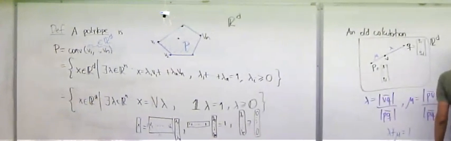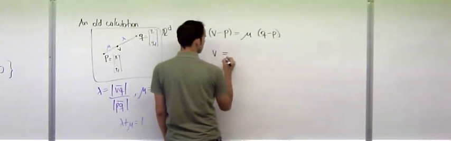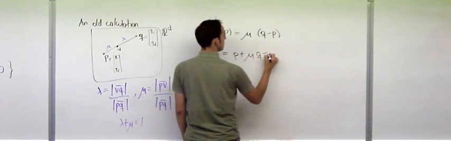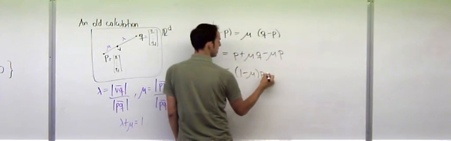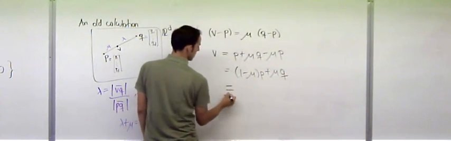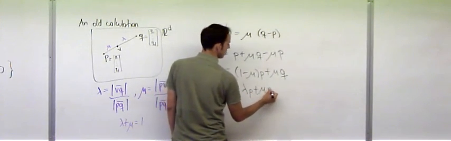So V minus P equals mu times Q minus P. And so then this gives me V equals P plus mu Q minus mu P. So I get 1 minus mu P plus mu Q. So that is lambda P plus mu Q.